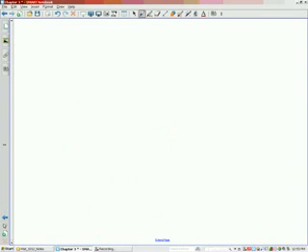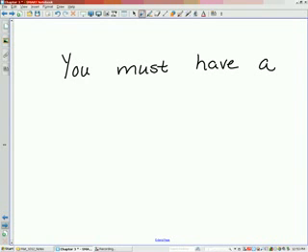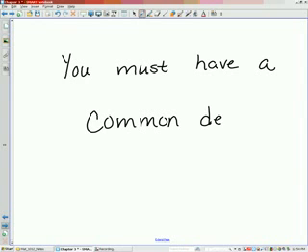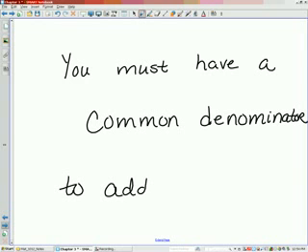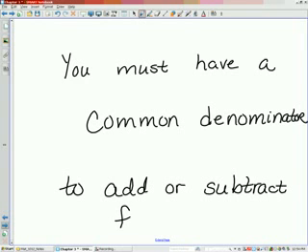As you can see, this is a really easy concept, but we must remember the most important thing, and that is you must have a common denominator to add or subtract fractions.